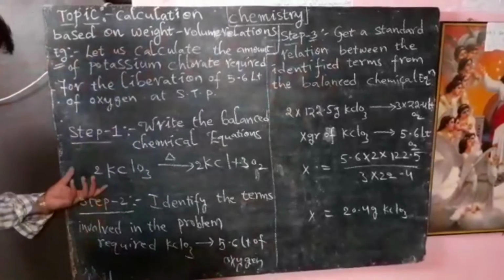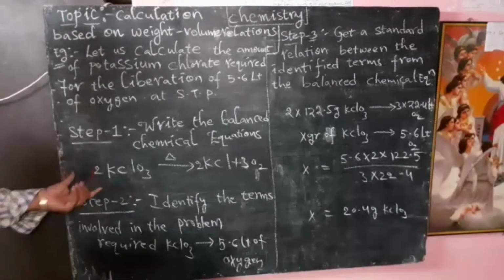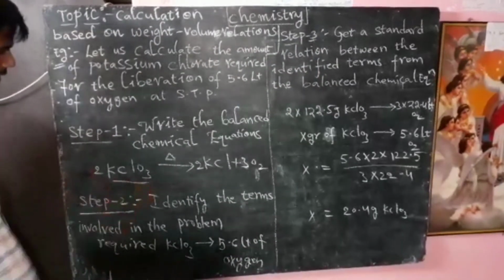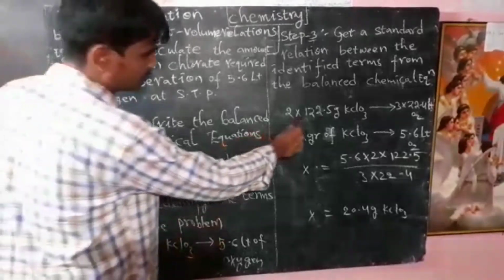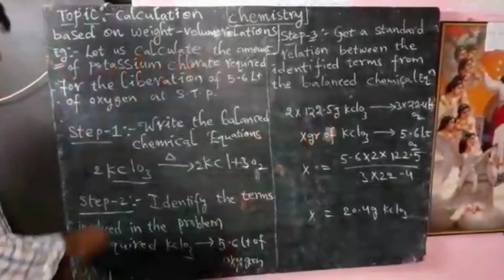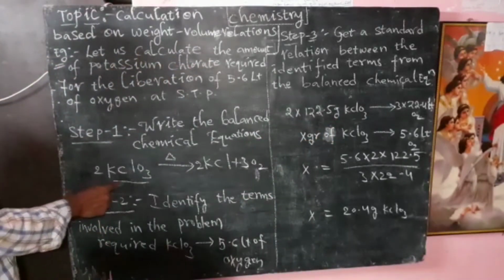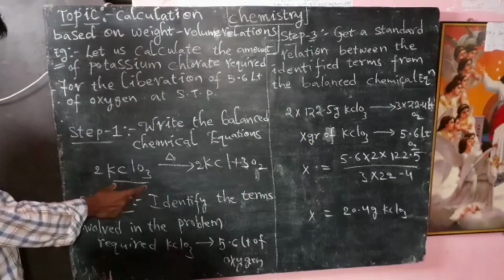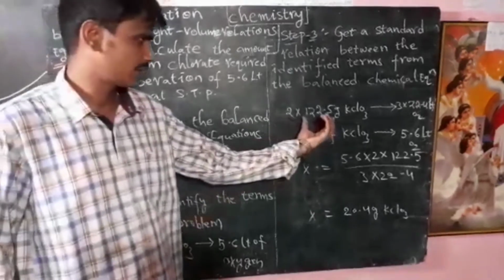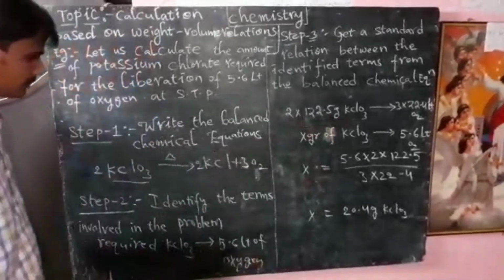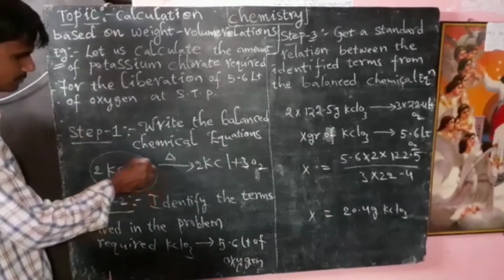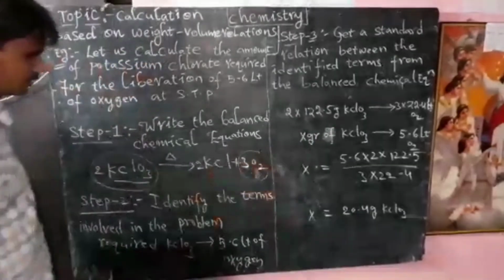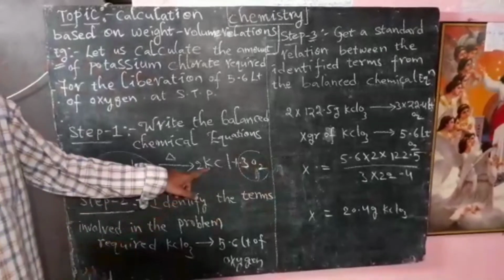Already we wrote the balanced chemical equation in the first step. See here, the molecular mass of potassium chlorate is 122.5 grams. Why 2? Because here 2 moles of potassium chlorate are there, so 2 into 122.5 grams. Here we are majorly discussing potassium chlorate and oxygen, and we should ignore potassium chloride.